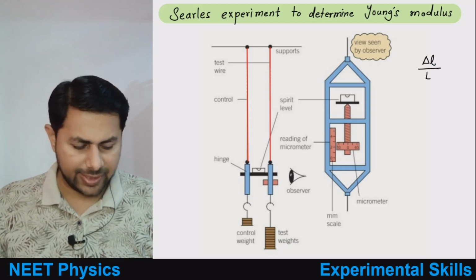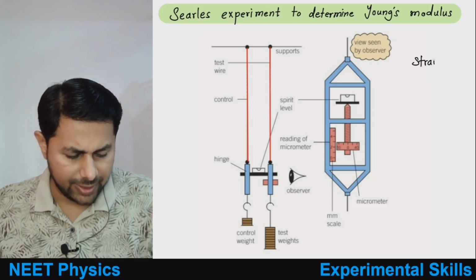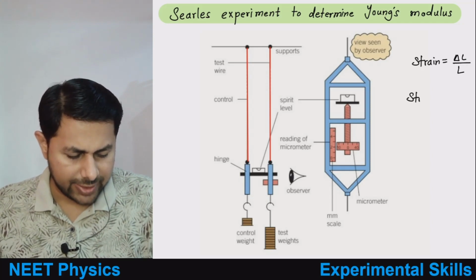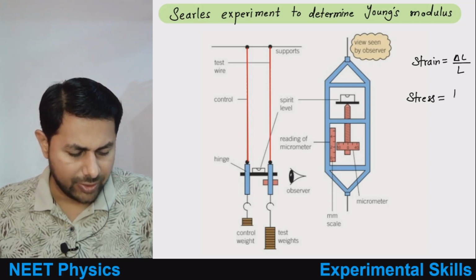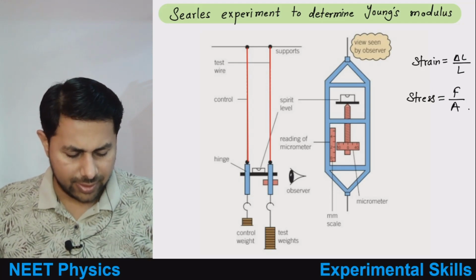You will find out the stress. So what is stress? Strain is delta L by L. What is stress? Stress is force per unit area, right?